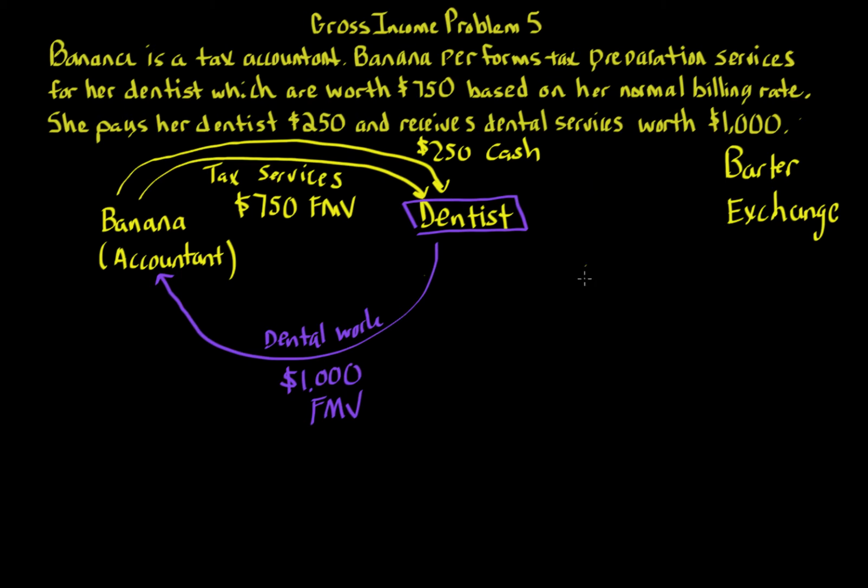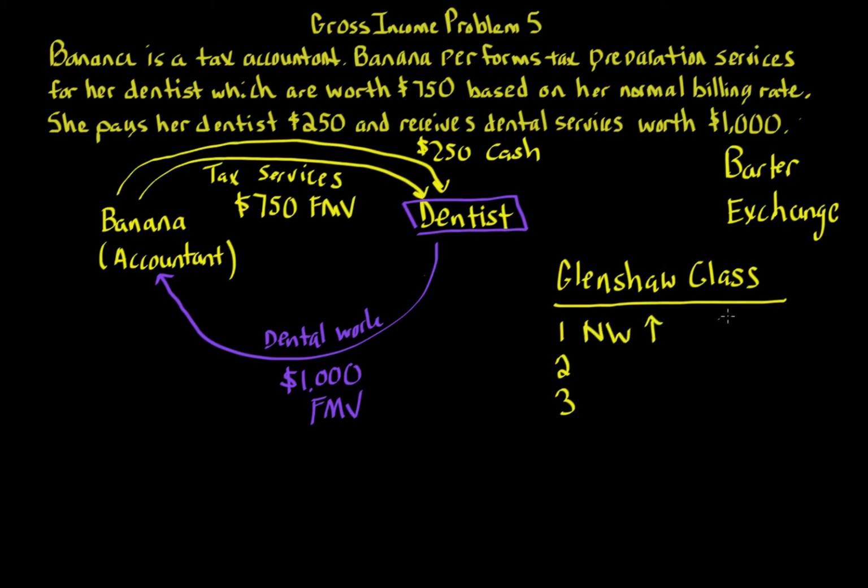But we have our good friend, Glenshaw Glass, which says that the taxpayer has to have three things: accession to wealth, which means our net worth has gone up, where net worth is assets minus liabilities; a realization event, meaning a legally severable event; and finally, dominion and control, which means there's no strings attached. You can do what you want with that item, which is potentially income.